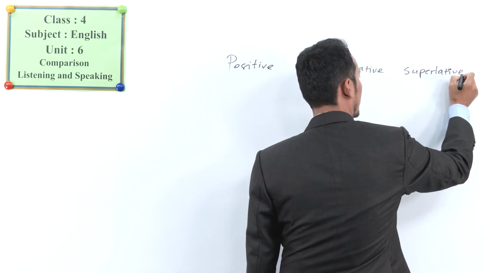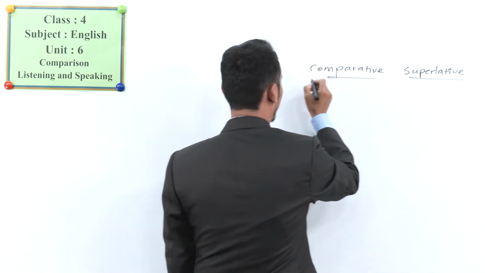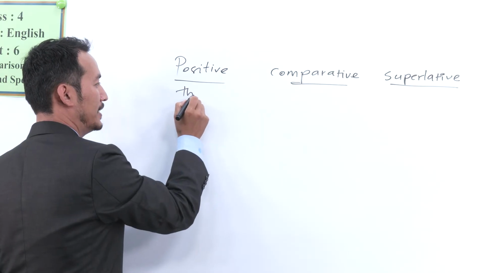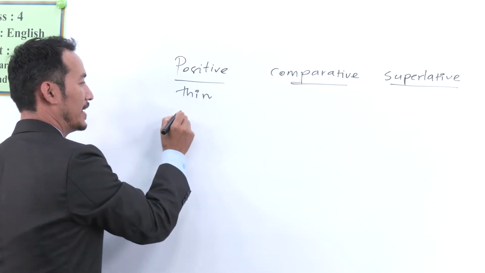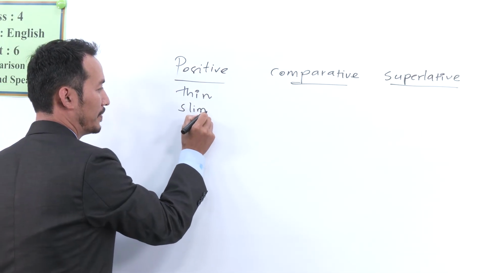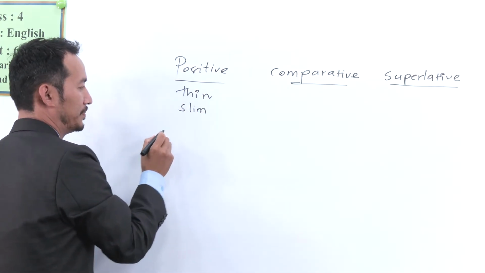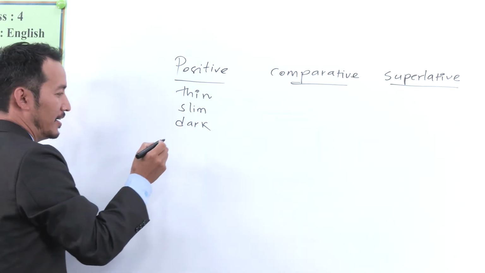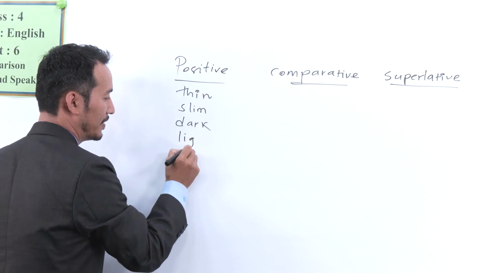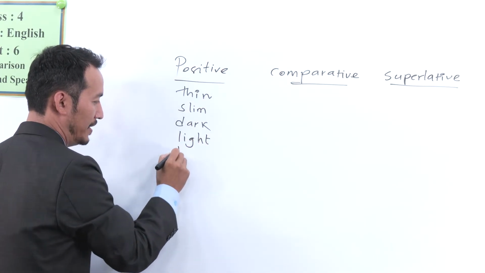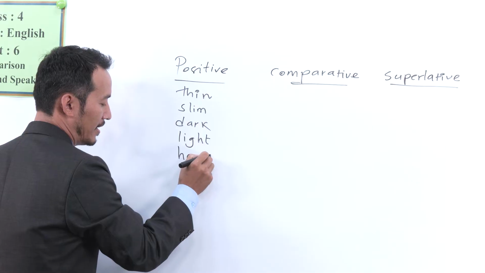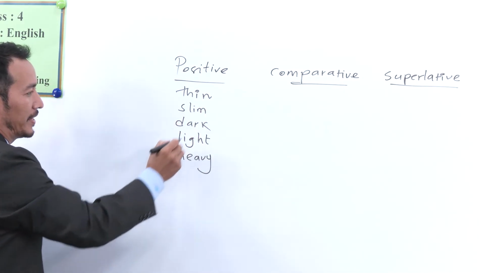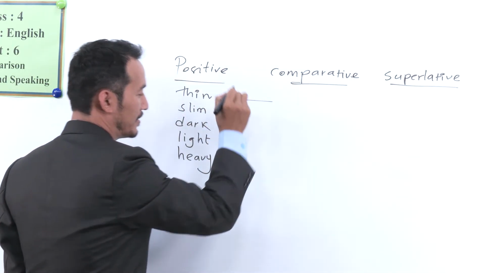Yes, you are right. So you can make the comparative and superlative of thin, slim, dark, light, heavy, and so on.